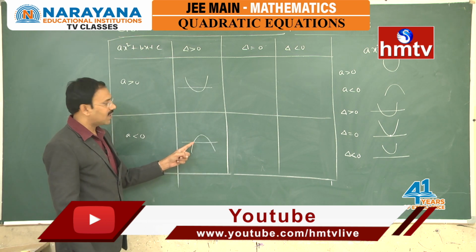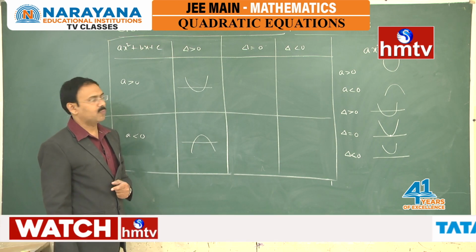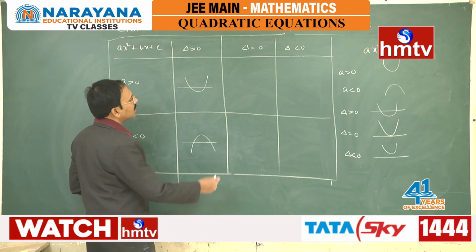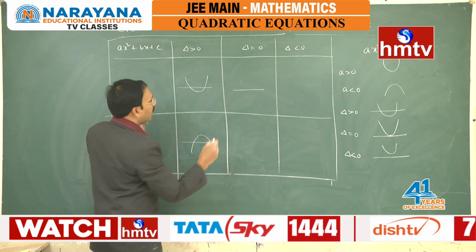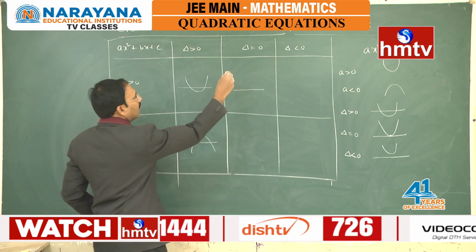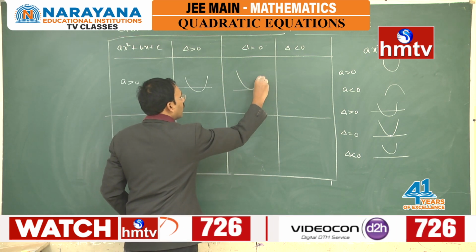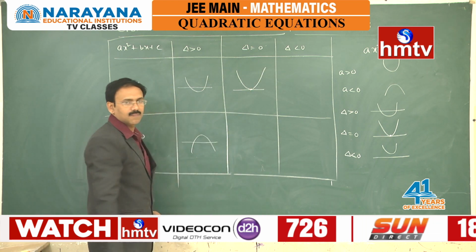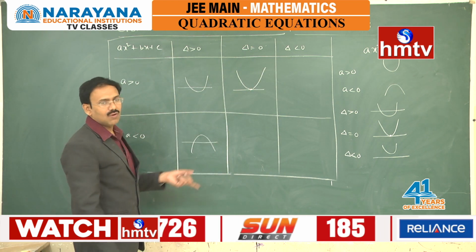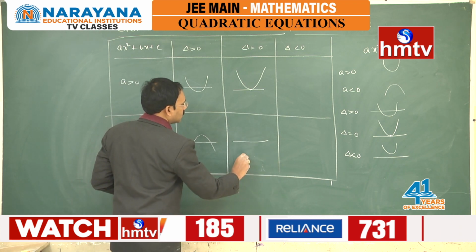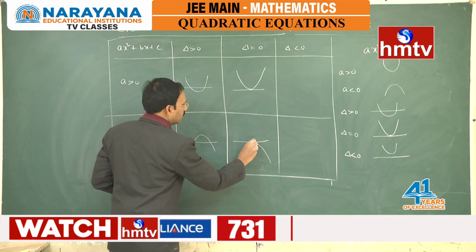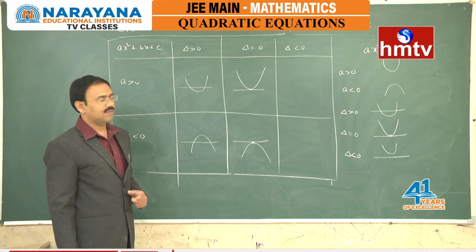And coming to delta equal to 0, a positive upper parabola has to touch the x axis at 1 point, this is the case, and here a negative down parabola has to touch the x axis at only 1 point, this will be the position of the curve.